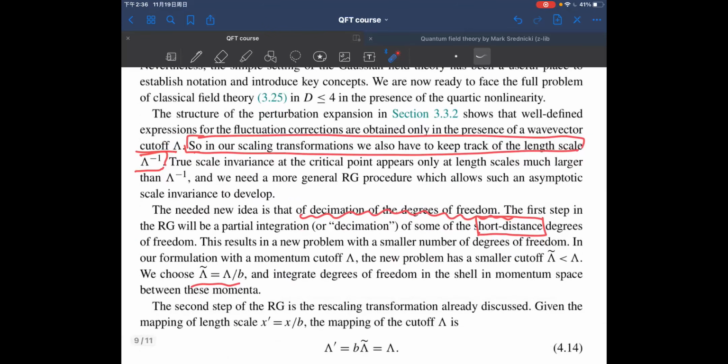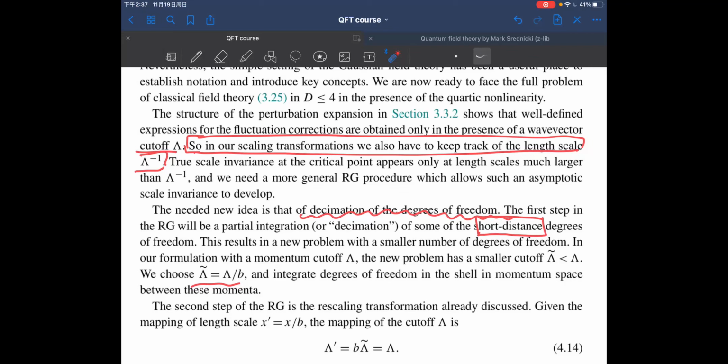So the new idea is the decimation. Yes, the key point is the decimation of the degrees of freedom. I think the idea is a little deeper, independent of the conformal symmetry at the critical point.